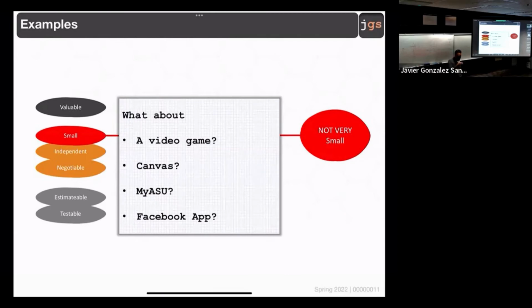If you already understand what you're doing and you were already able to check this is negotiable and this is independent, I am sure that you reached that conclusion because you already identified how to test it or how to do the thing, and therefore the estimation. But still, before saying yes, it is a requirement, think about those two. Good?